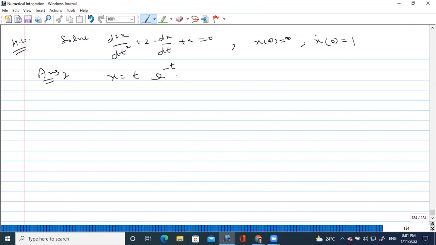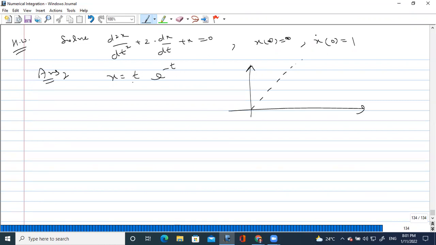Sometimes they can ask you to plot the answer. So how to plot it? x equal to t will go like this, but e to the power minus t is an exponential decay.